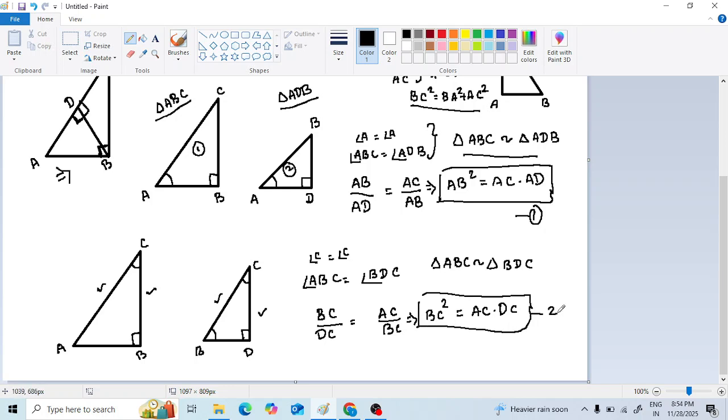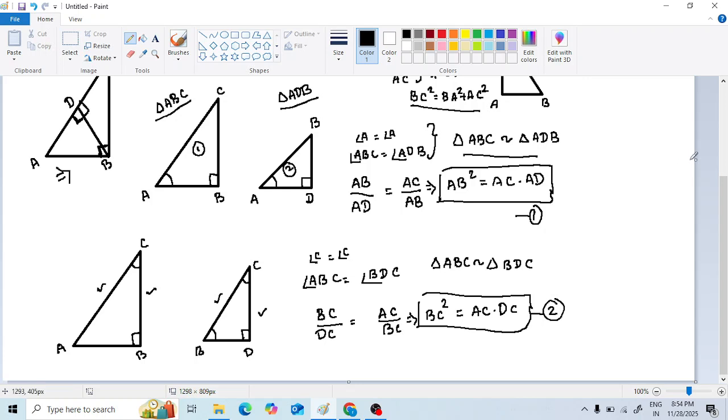Now what I do, I add equation number 1 and equation number 2. So what is the left hand side?